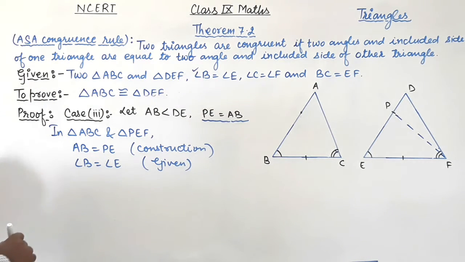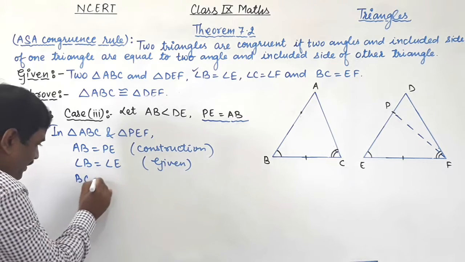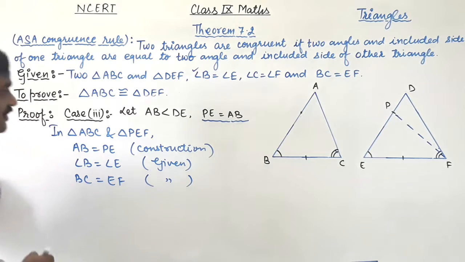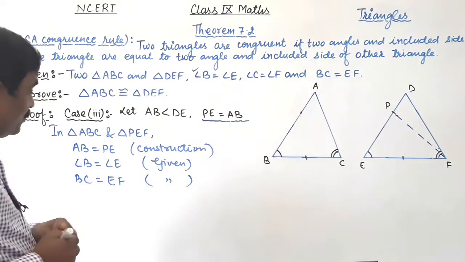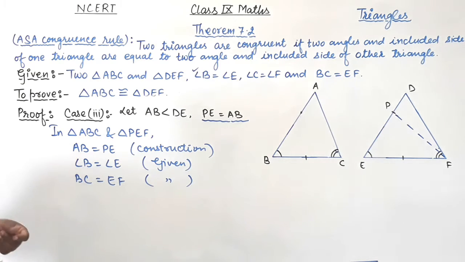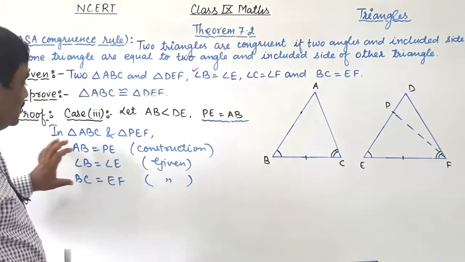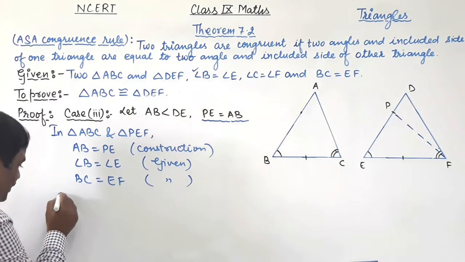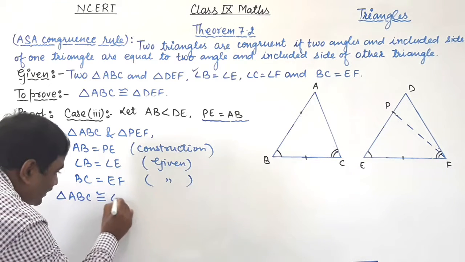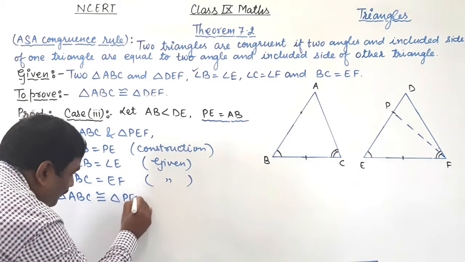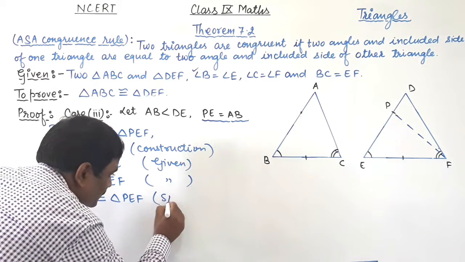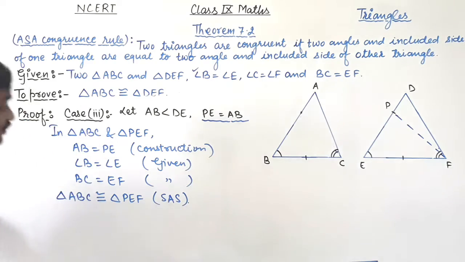BC is equal to EF, which is also given in the statement. Once again you are getting the side angle side congruence rule, SAS, so these two triangles are congruent. Therefore triangle ABC is congruent to triangle PEF by the side angle side congruence rule.